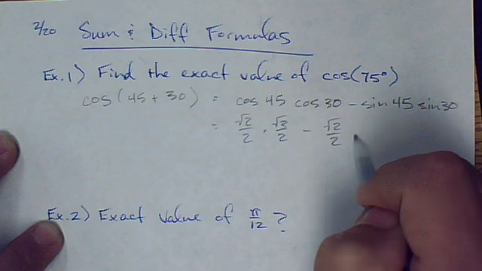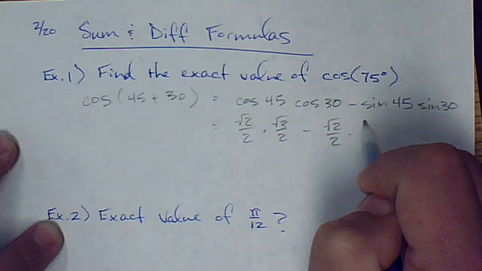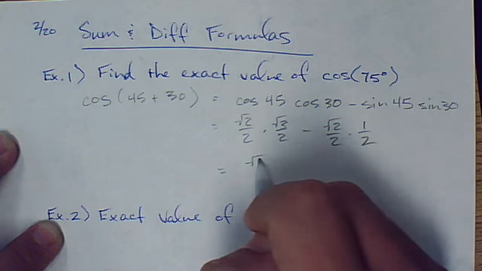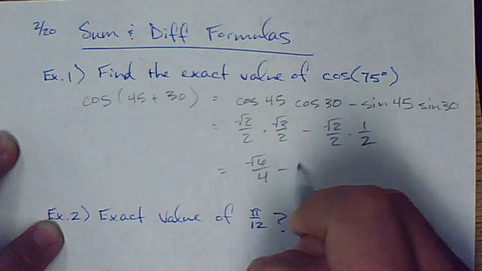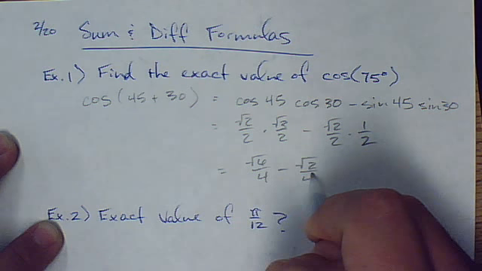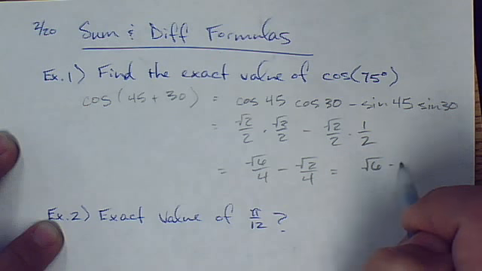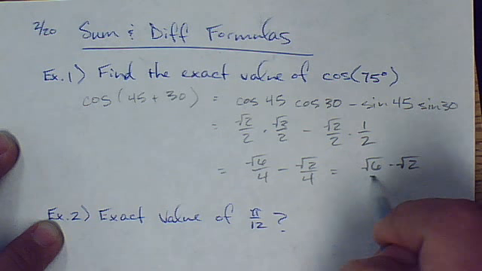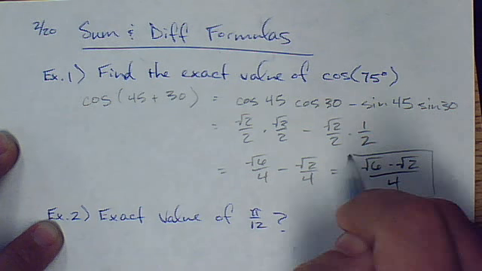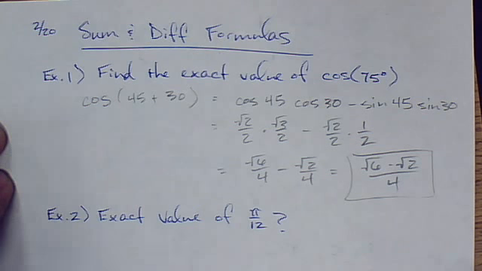Sine of 30 is 1/2. So I get square root of 6 over 4 minus square root of 2 over 4. And you can put those together if you want. Since we have a common denominator, we end up with square root of 6 minus square root of 2 over 4.